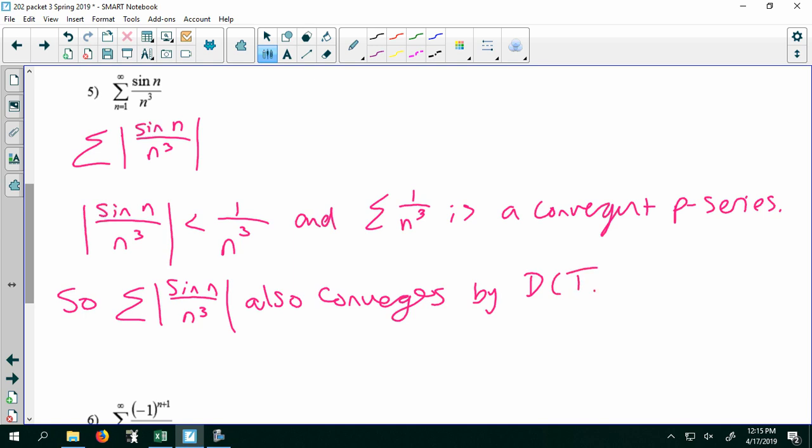And since this converges in absolute value, the sum converges absolutely. So the sum of sine n over n cubed is absolutely convergent.